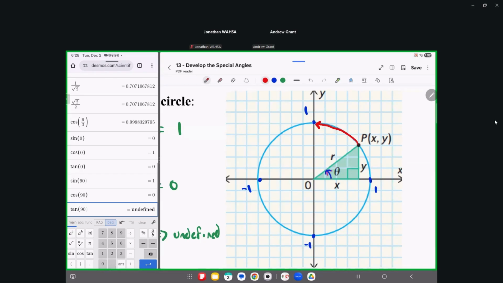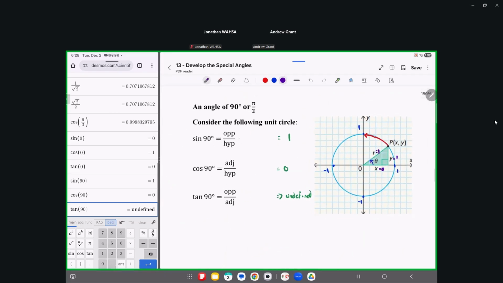So what happens here? The radius is 1. That doesn't change. The y value goes up and up and approaches a height of 1. The x value has a horizontal distance of 0. So we have this kind of configuration where it's still a triangle where instead of the height being 0, the x value is now 0.